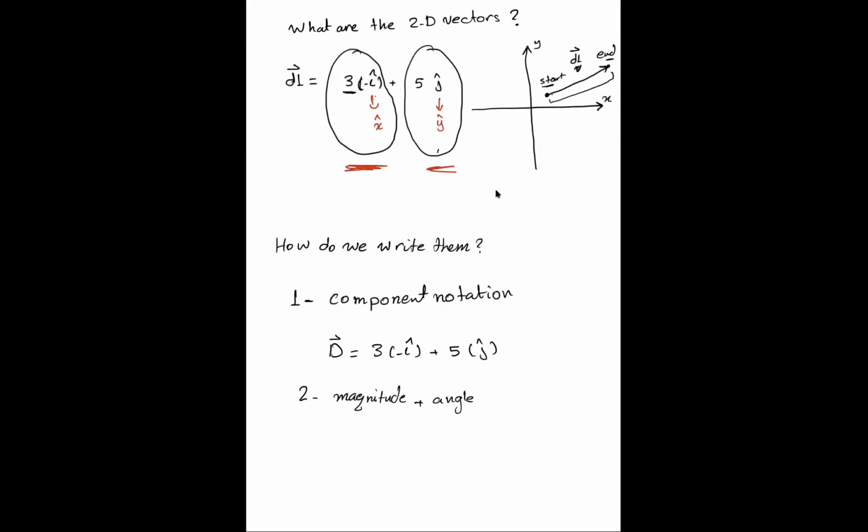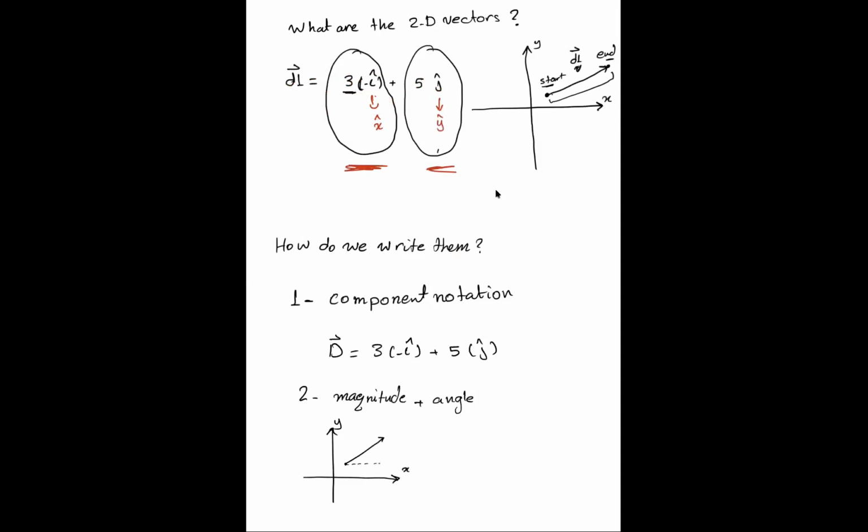So let's apply the magnitude and angle notation on an example vector. Let's say we have this coordinate system. This is my x, this is my y. And let's say we have this vector right here.